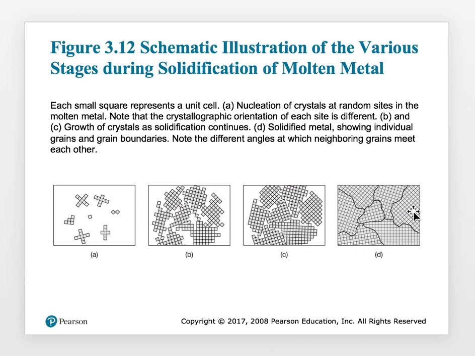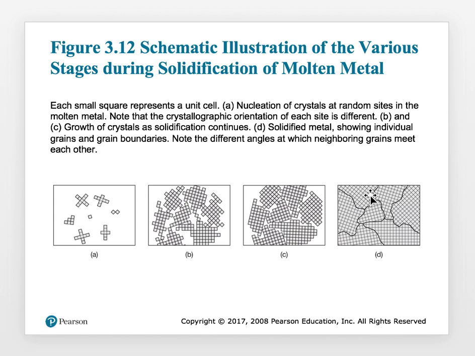So this is what you really saw when you polished a block of material and looked at it under the microscope. So if you had solidified that block of material, you will see that they have these groups of atoms in one location.